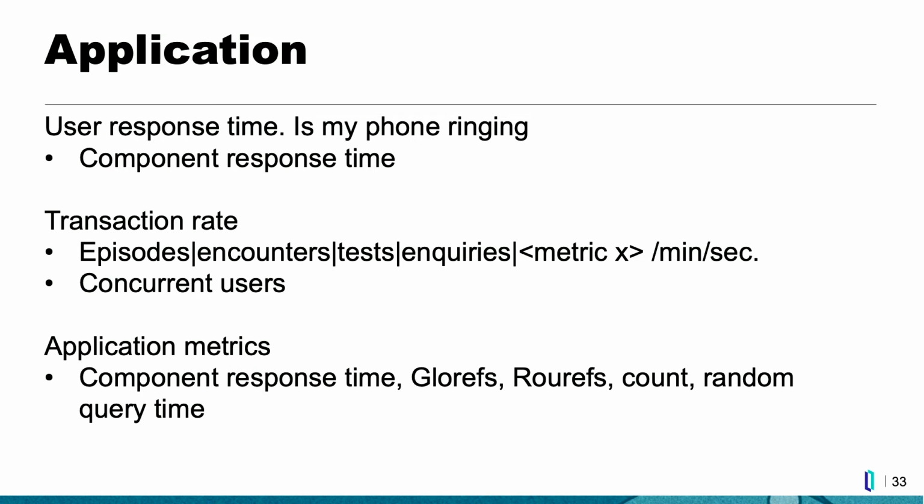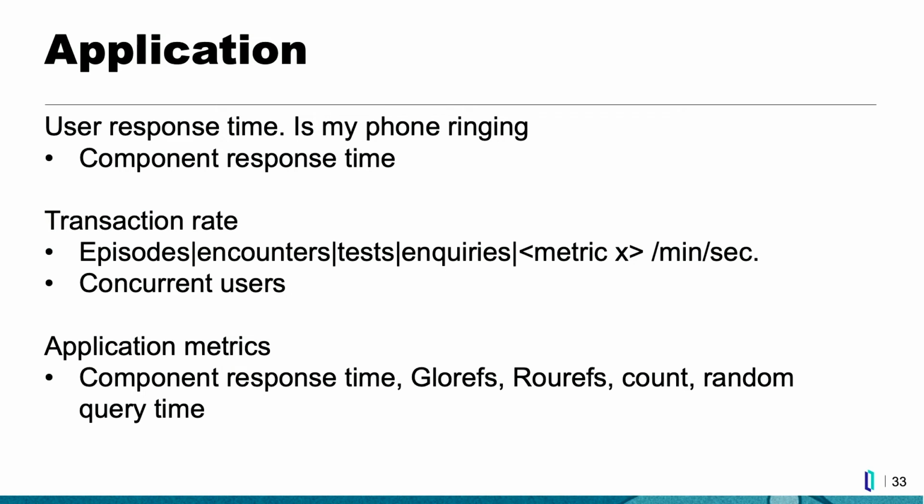So when we build TrakCare, we build metrics into the application itself, so we know how long it takes to build that component and present it to the end user. And by measuring that component response time, we get a good feel for the end user experience. Now, if that gets too high, the users start complaining.